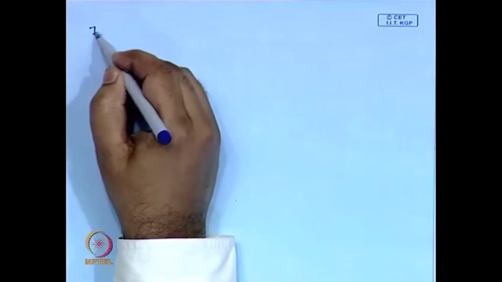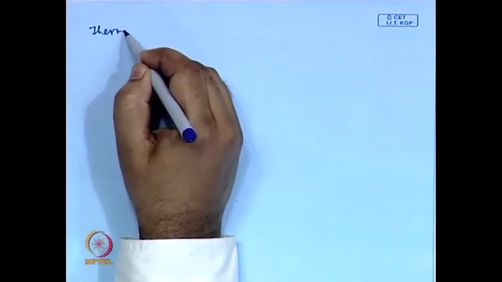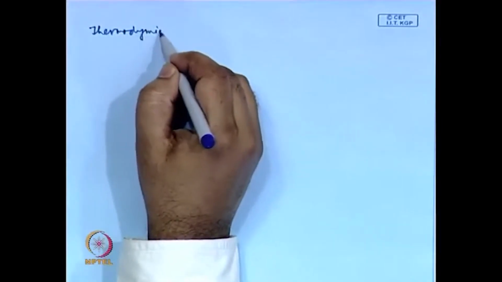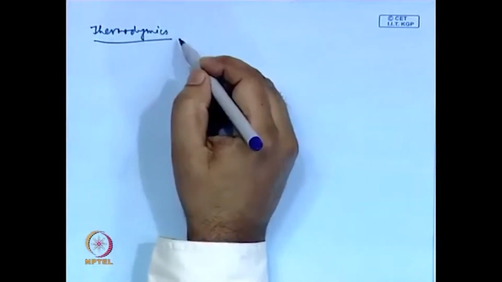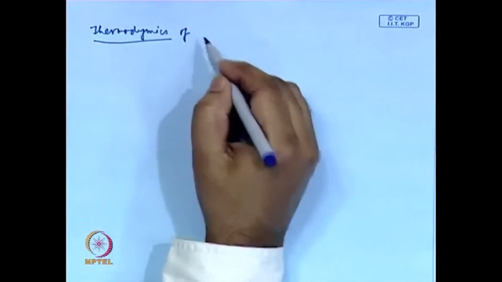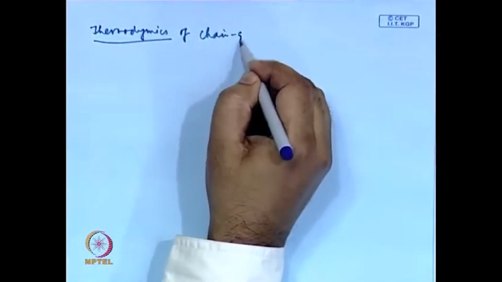Different means radical processes initiated by different initiation reactions, and also the radical reaction where you have chain transfer reactions. Now, let us talk about thermodynamics of radical polymerization. In fact, this is true for any chain growth polymerization, so we can generalize this to chain growth polymerization.